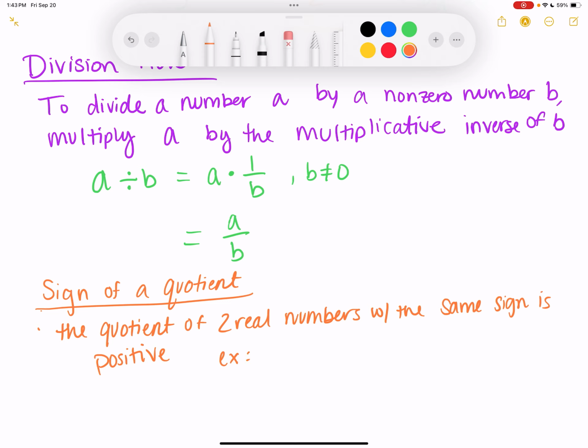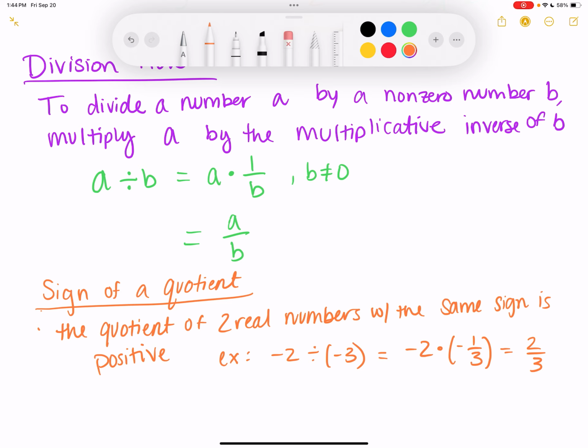So if I had -2 divided by -3, this is going to end up being -2 times -1 over 3, which is going to end up being a positive 2 over 3. So if they have the same sign, it becomes positive, just like when we multiply. If we multiply two negative numbers, it becomes positive.